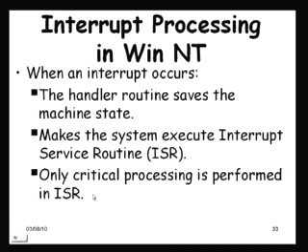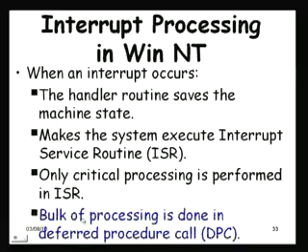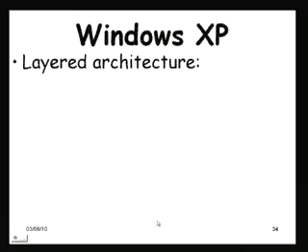But in the interrupt service routine, only the critical processing is performed, and the bulk of the processing is queued as a task in the form of a deferred procedure call or a DPC. So, we are saying that this is required for quick response to interrupts. So, that feature is there.